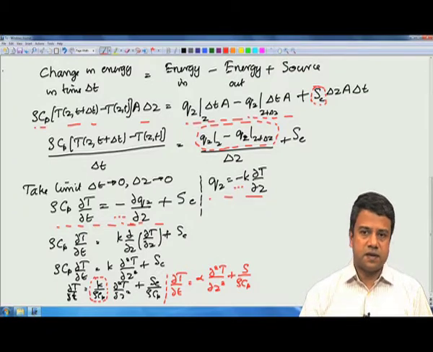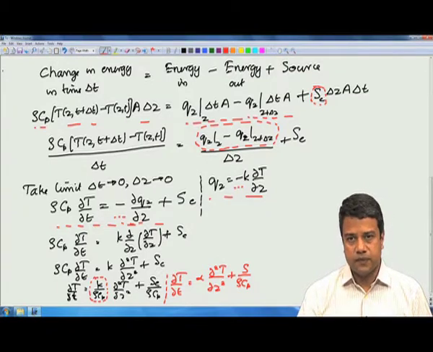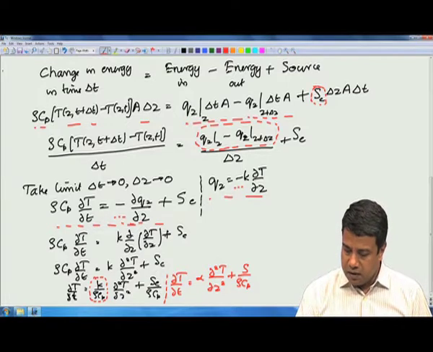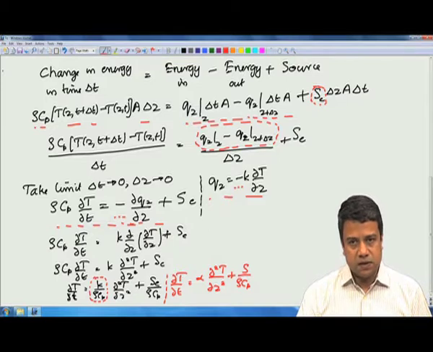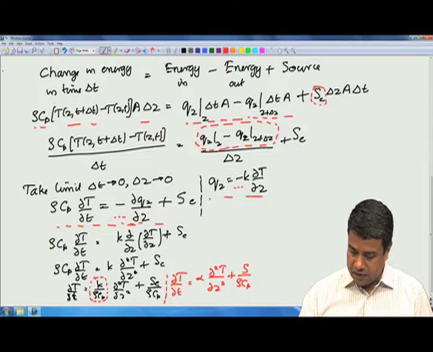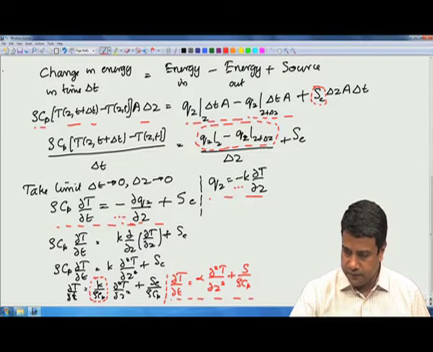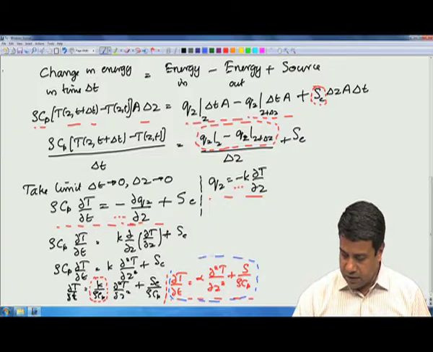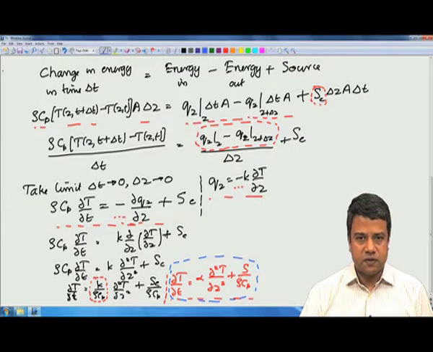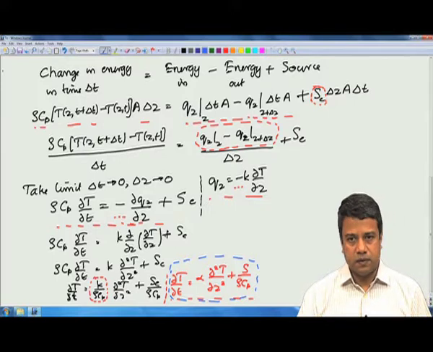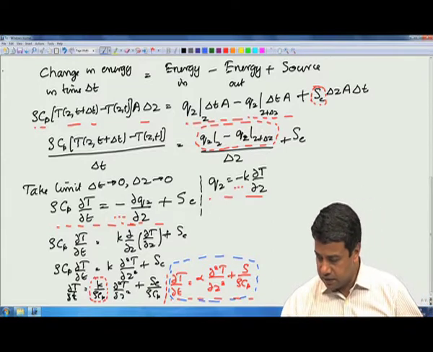So, once you express the flux in terms of the temperature through the constitutive relation, you get a diffusion equation of this kind. The rate of change of temperature is equal to a diffusion coefficient times the second derivative with respect to spatial position due to diffusion, plus any source or sink of energy.